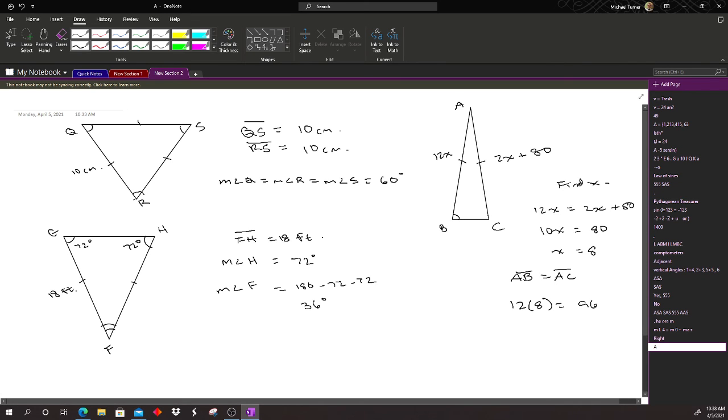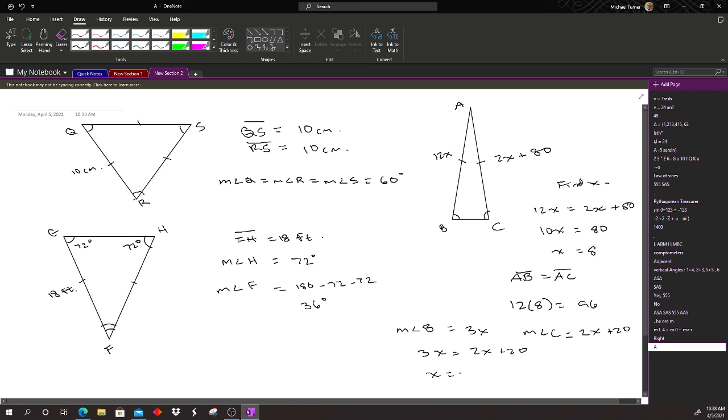Similarly, if I tell you the measure of angle B is, let's say, 3x, and the measure of angle C is 2x plus 20, I could ask you to solve for x, or I could ask you for the measure of any of those angles. And that's fine. Again, it's not always to scale. 3x would then be equal to 2x plus 20 because this is an isosceles triangle.